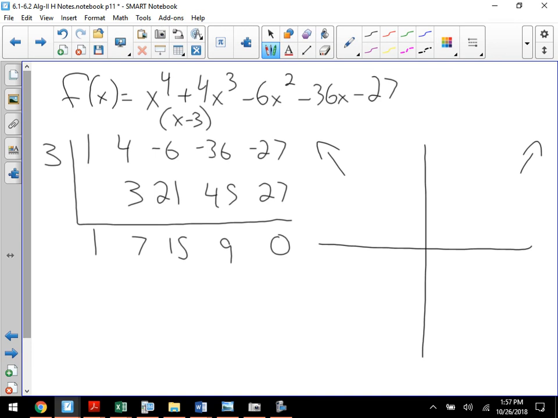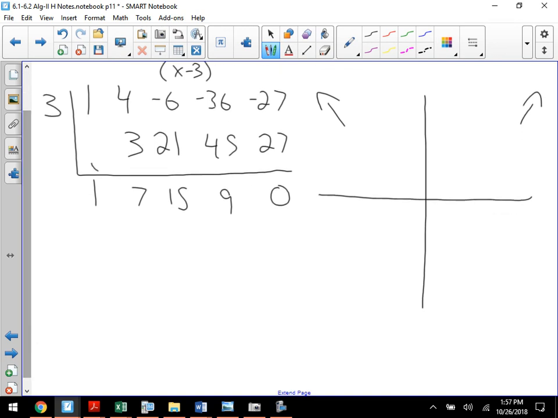So technically this is now x cubed, 7x squared, 15x, and a 9. Every time I factor something out, I can do that. Okay? You don't have to totally understand this yet. I'm just trying to show you guys how fast and easy this is going to become.